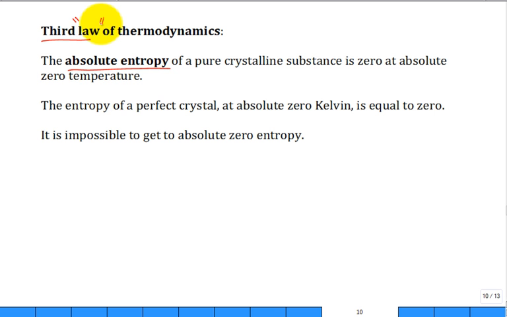Similarly, the second law, here's the third law. So the third law talks about the absolute entropy of a pure crystalline substance is set to be 0 at absolute temperature of 0. So what do we know about a pure crystalline structure? What's the opposite of a pure crystalline structure? Would be an amorphous, just a mix. If you're a crystalline structure, think about a molecule, you know exactly where your neighbors are.